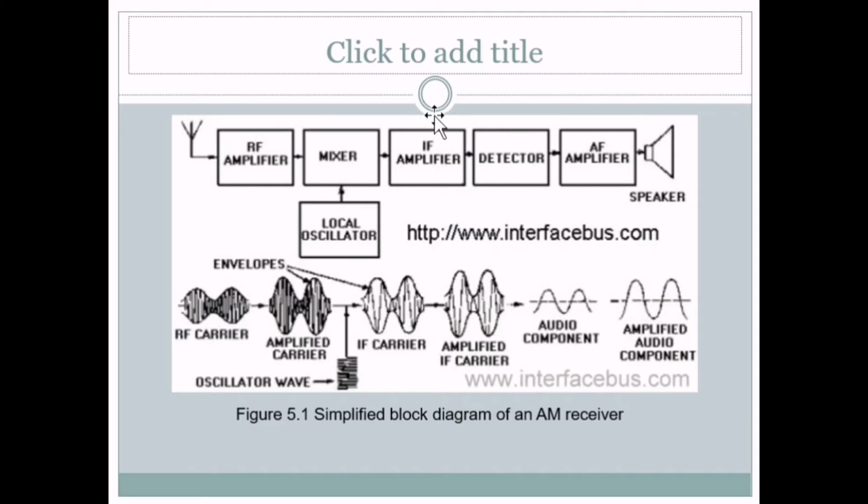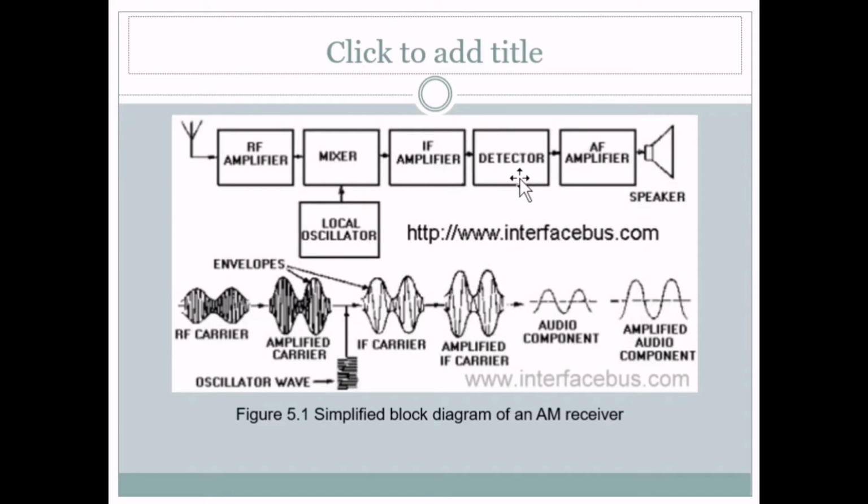IF is the intermediate frequency, so it downscales the frequency to a lower frequency so that it can be processed through the receiver. After the mixer, it goes through the IF amplifier, which amplifies the IF signal, and after that it goes to the detector.